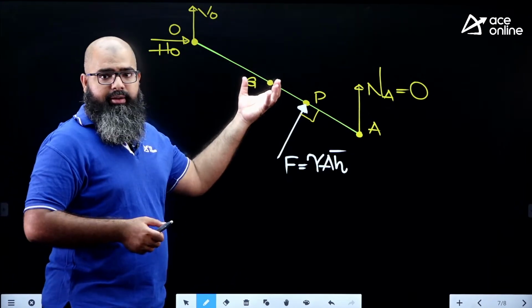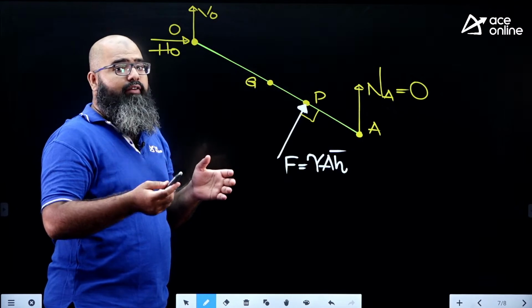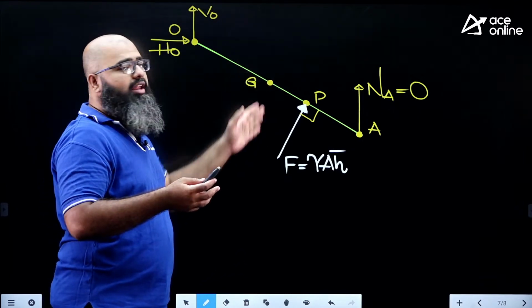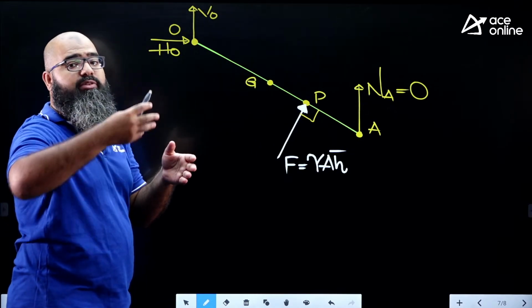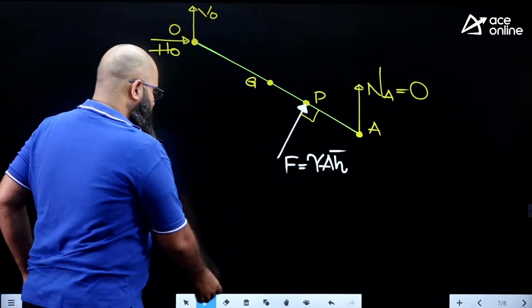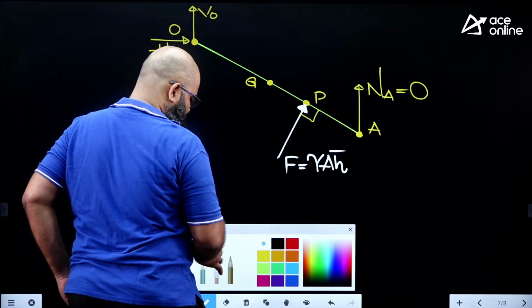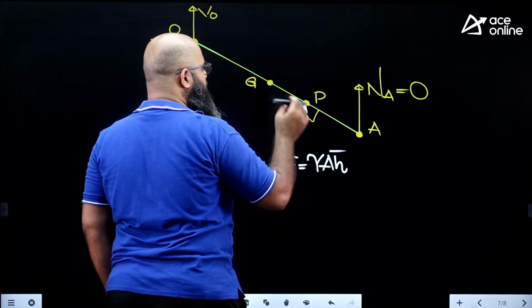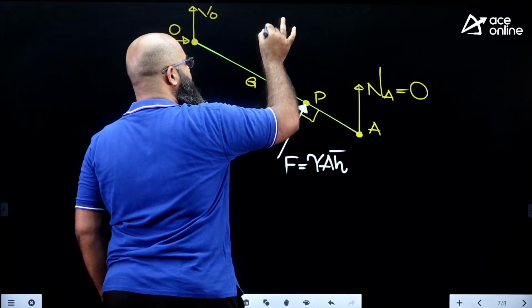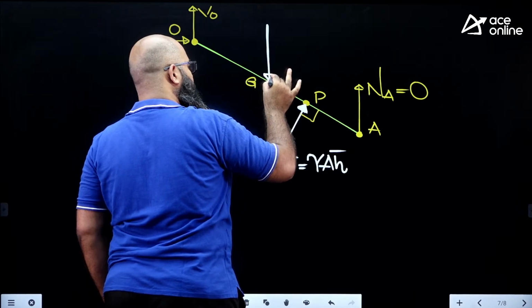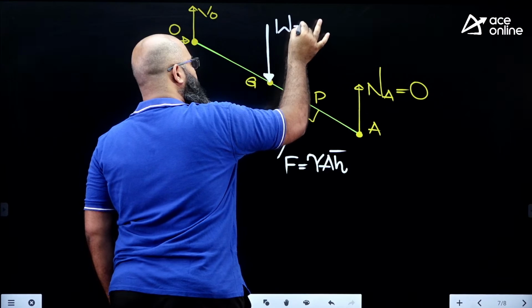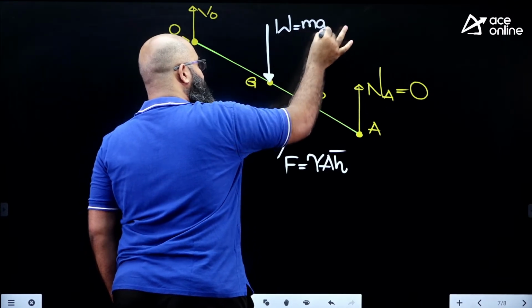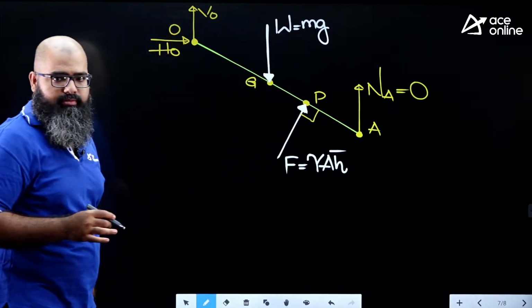You are not applying any torque, but you are allowing the weight to create some moment over here. There is weight present and that weight is responsible for creating a counter moment. The weight is supposed to pass through point G. This is the weight, and the formula for weight is mg. This is creating a counter moment.